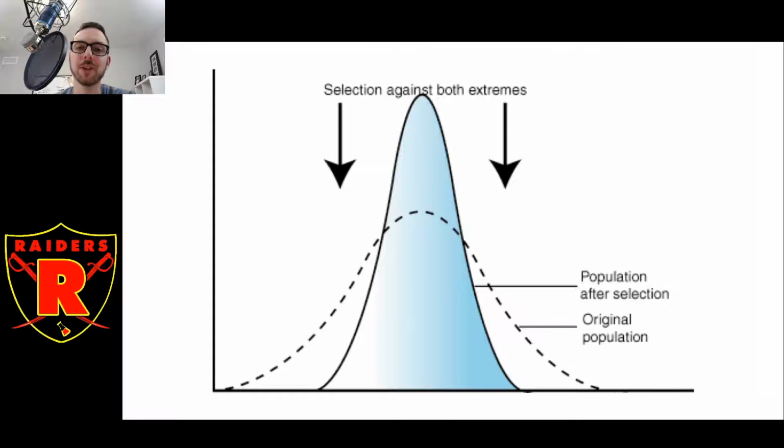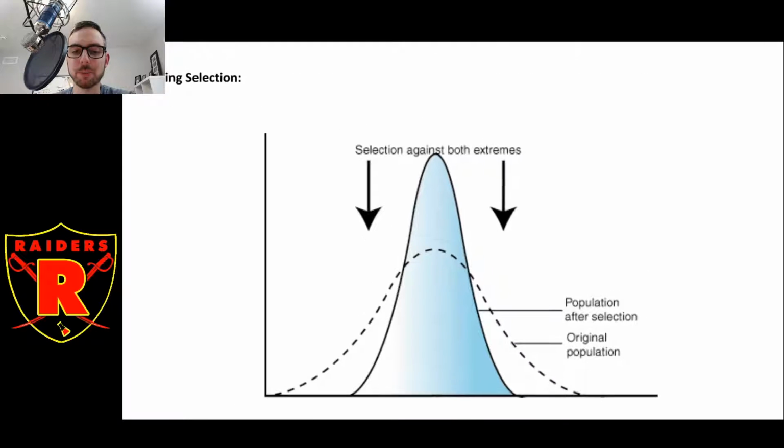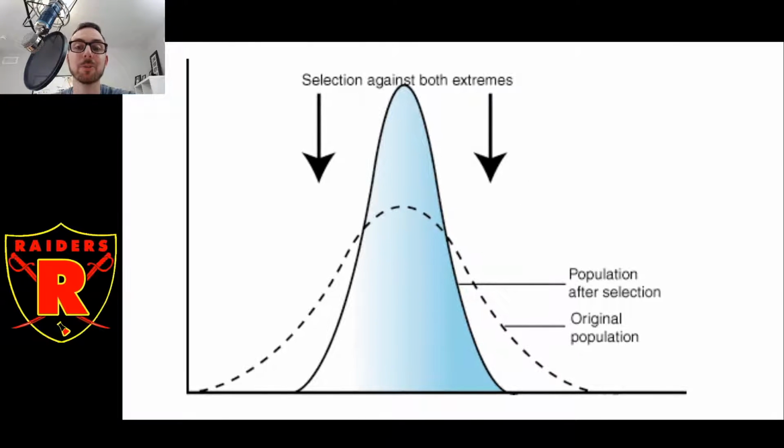So if its environment is very consistent over time, what ends up happening is that stabilizing selection has kept the morphology, what the animal looks like, the same over time. It doesn't have to be an animal, it could be a plant or whatever, but it has kept its morphology relatively the same over time.